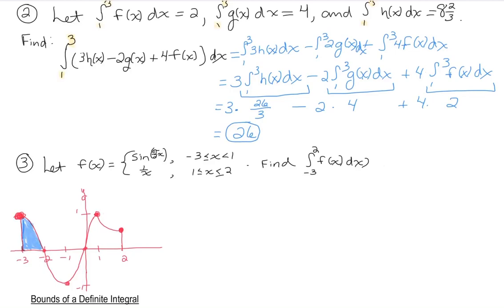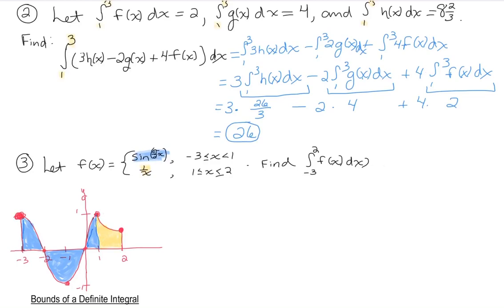But the first regions are all defined by that first function, sine of pi over 2 x. Okay, so that's going to come from sine of pi over 2 x. And then the last part is going to come from the 1 over x. So that's this last area, this last part of the definite integral.